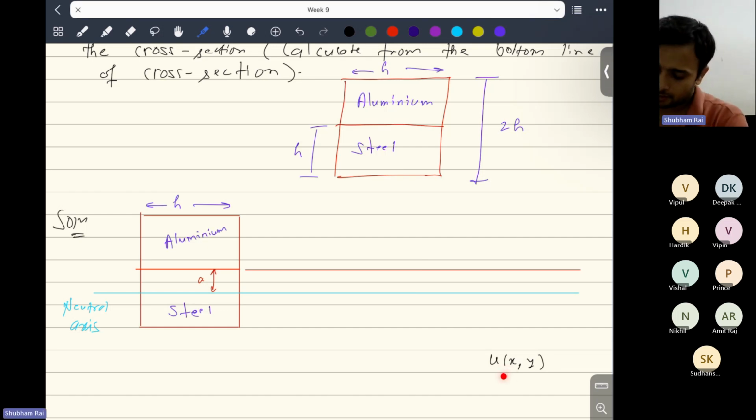So since U is continuous with respect to X and with respect to Y, we have epsilon XX.